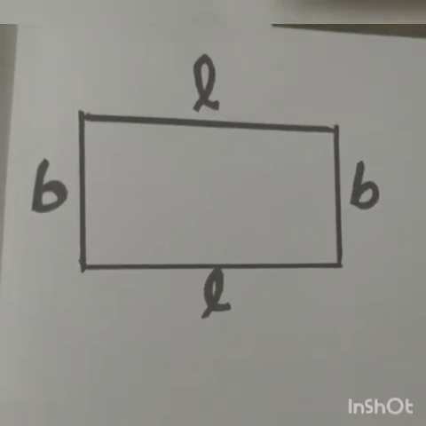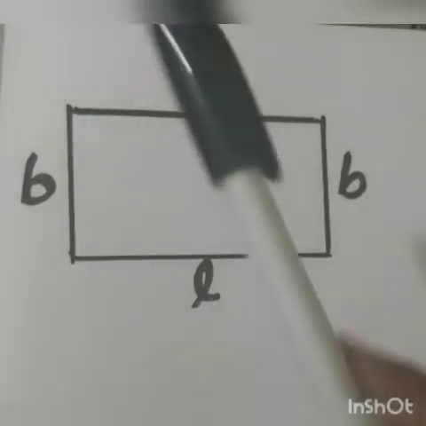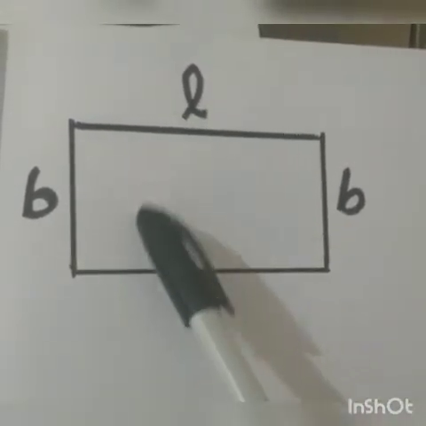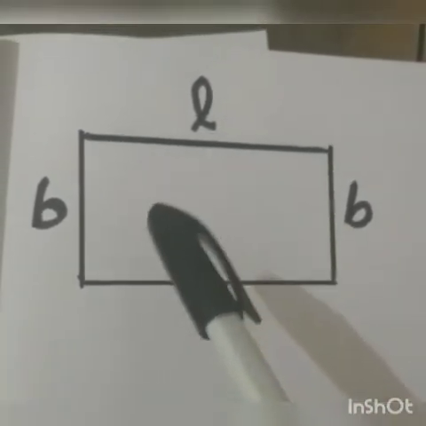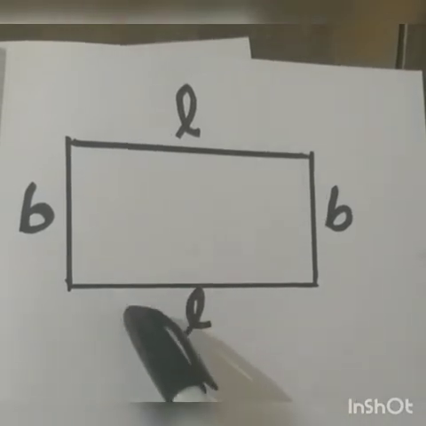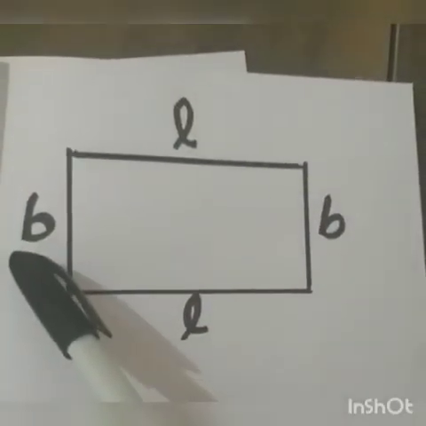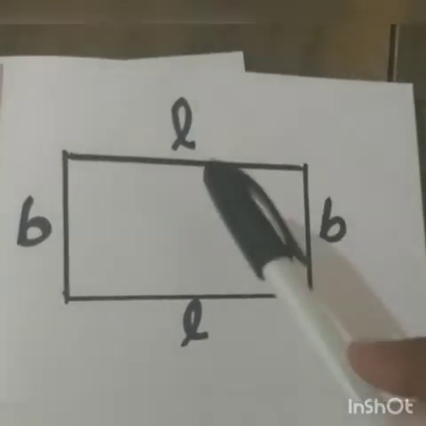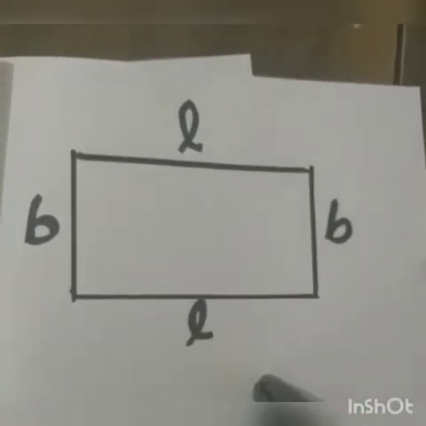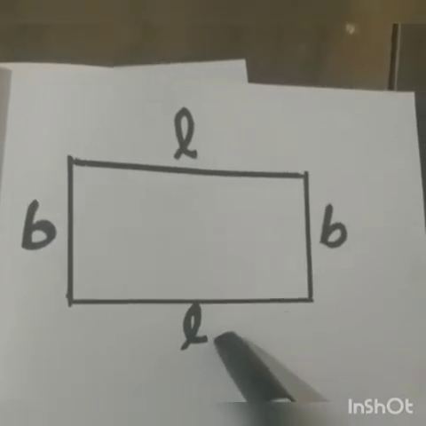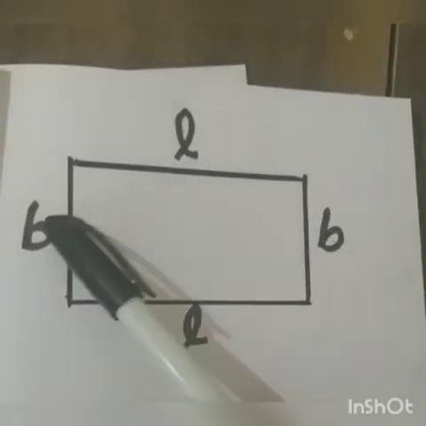So we can look at how we can find the perimeter of a rectangle. In a rectangle, opposite sides are equal. So here, if we are taking length, the opposite side will also be length. If here it is breadth, here also breadth. Now what do you mean by the perimeter? The boundary distance, that is adding up all the sides.